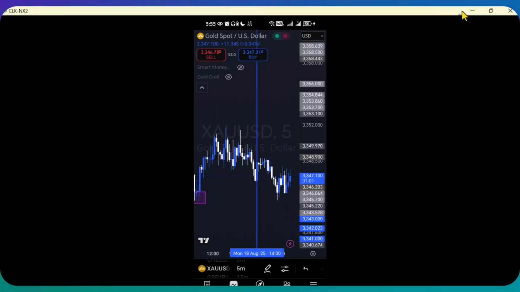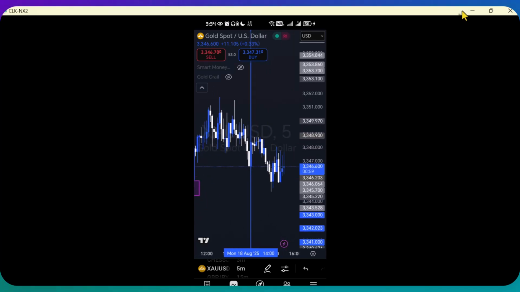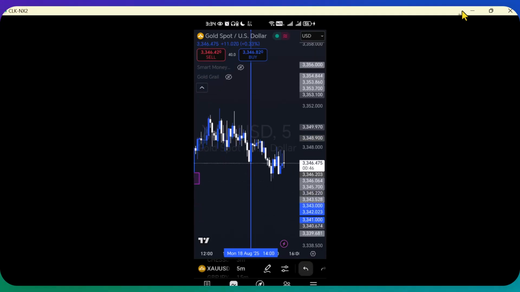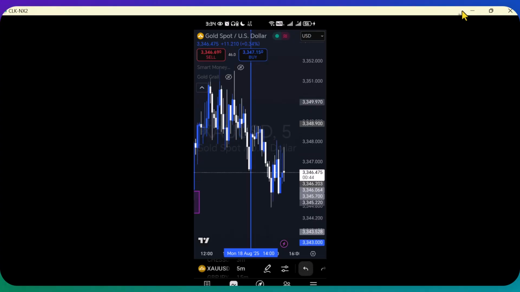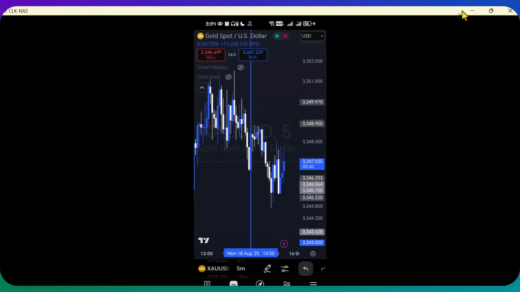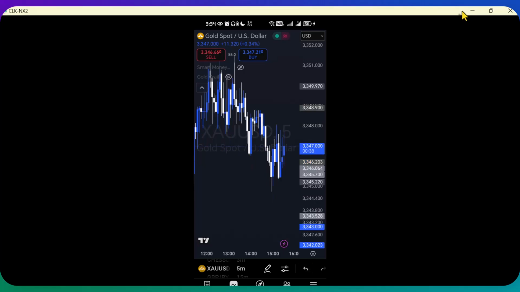So just try to analyze the chart and try to be able to see it, because once you are able to see them properly, then there won't be a problem for you anymore. So that's that about candlestick patterns.